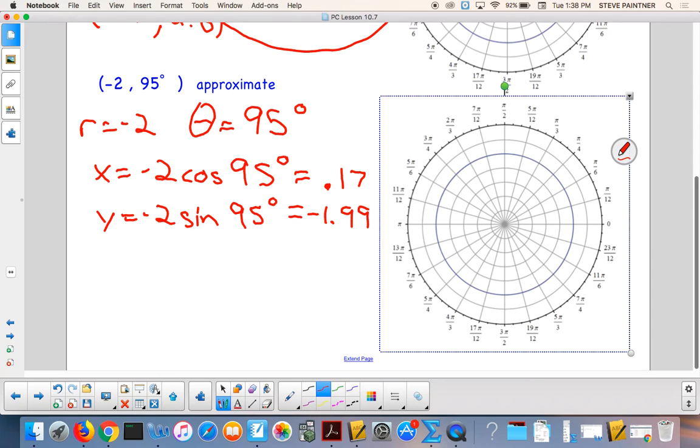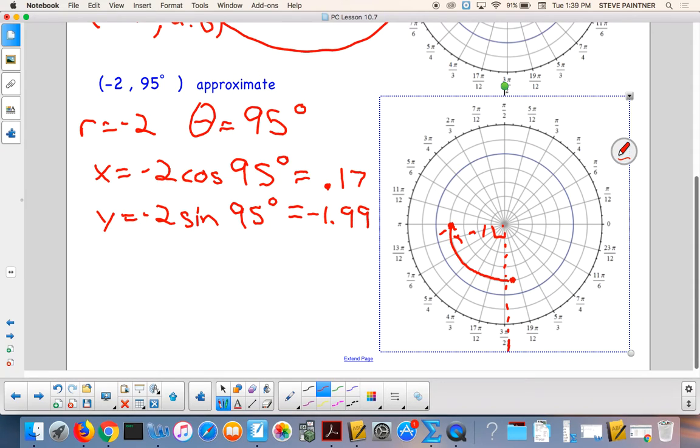So if our polar coordinate was -2, 95 degrees, where am I going to start? I go out -2. We'll say here's -1, here's -2. So we'll start here, and we go 95 degrees, up or down? Down. It's counterclockwise, positive direction. So go roughly, let's say that's about 95 degrees, since that's 90.